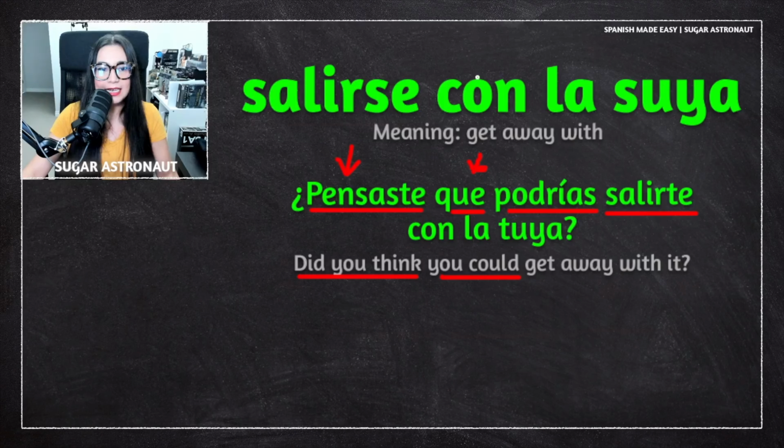Salirte, we have the beginning of the phrase here. Salir, the verb. Te is the reflexive pronoun, and it means you. You're saying something to someone, so it works perfectly.